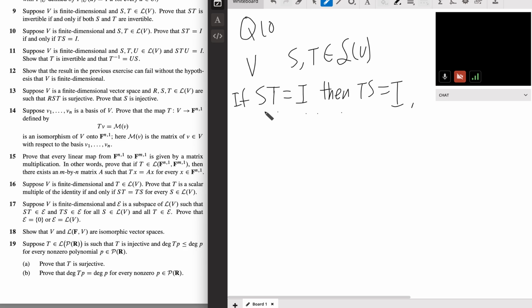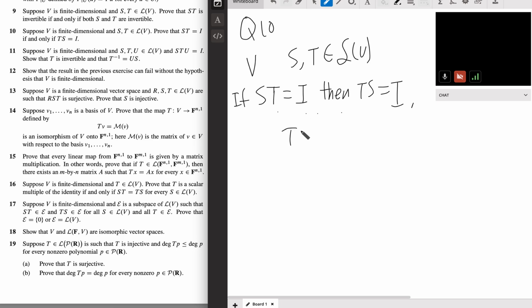So S is a left inverse of T if S composed with T is I, and S is a right inverse of T if T composed with S is I.